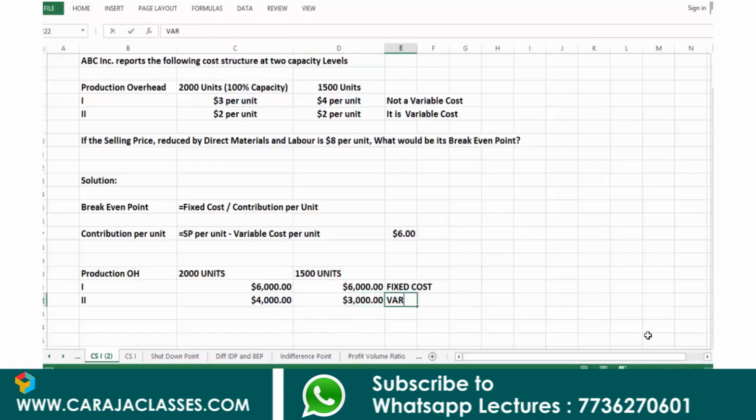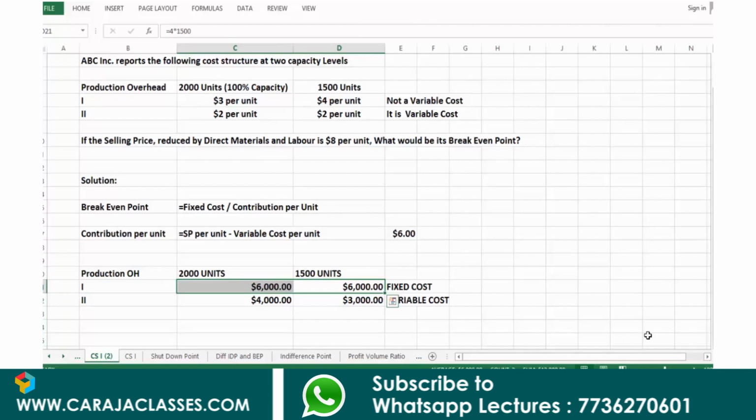So it is variable cost. That's why we have taken $2 as the variable cost per unit. So what you can understand here is, whether your production is 2000 units or 1500 units, your production overhead 1 cost is the same, so it is a fixed cost.